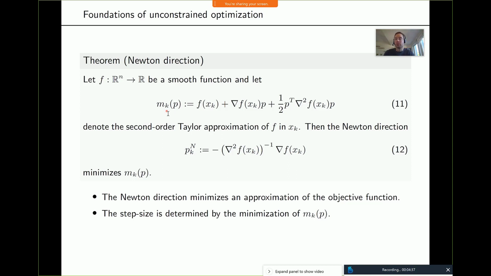So you have a function f, and instead of minimizing f at the kth iteration, you minimize the second order Taylor approximation, just the usual thing.